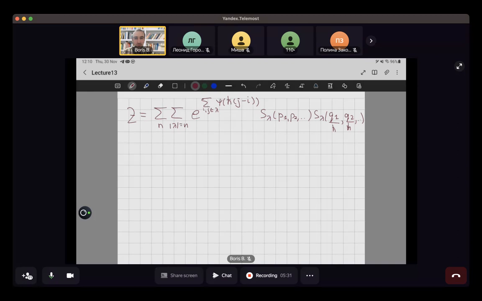And so you know how to compute with them. Like J_k J_l commutator is equal to k delta_{k+l,0}, and you know how to compute the exponent of J's, yes?